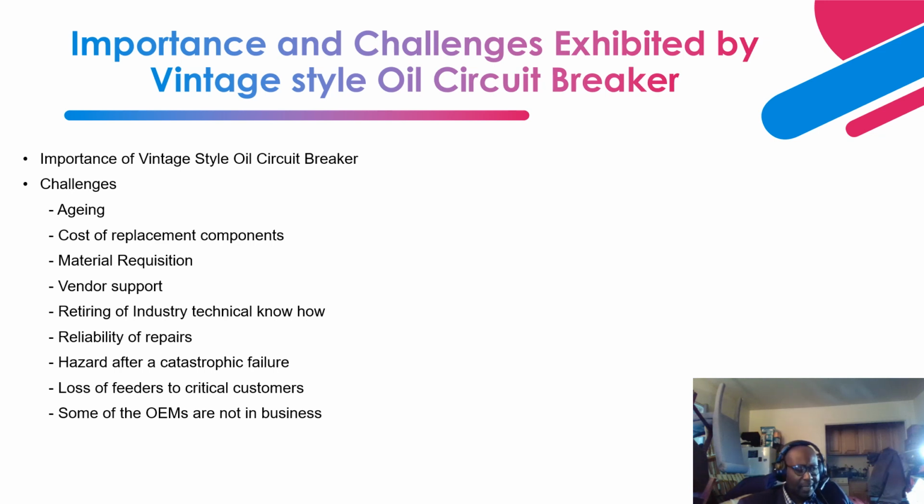Next is the hazard after a catastrophic failure. Like I indicated, these oil circuit breakers are like vessels containing huge gallons of oil. The slightest problem, even DGA, huge gas in it, can cause an explosion, and exploding can cause damage to adjacent equipment.